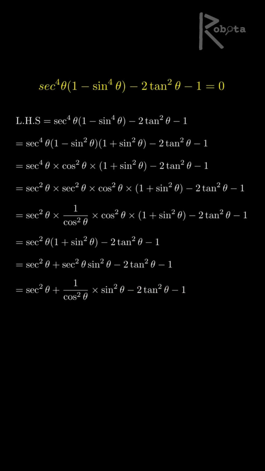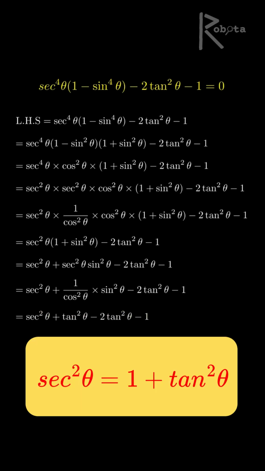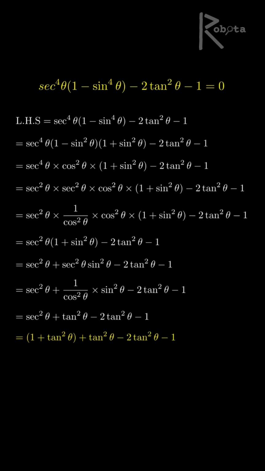But we can also rewrite this as tan²θ, so the expression becomes sec²θ plus tan²θ minus 2 times (tan²θ minus 1). Now use the identity sec²θ equals 1 plus tan²θ. So we rewrite the entire expression as 1 plus tan²θ plus tan²θ minus 2 times (tan²θ minus 1).